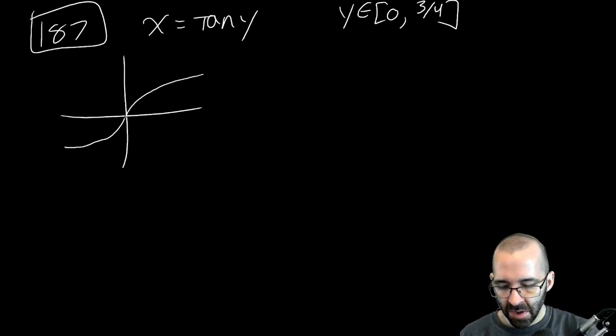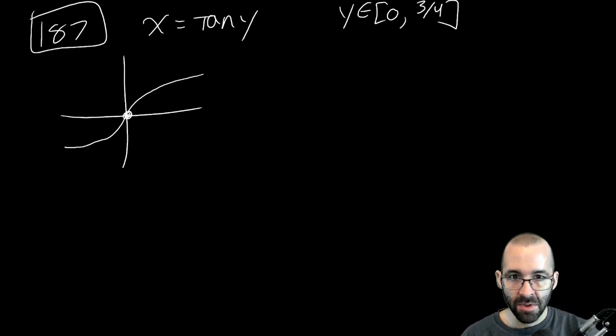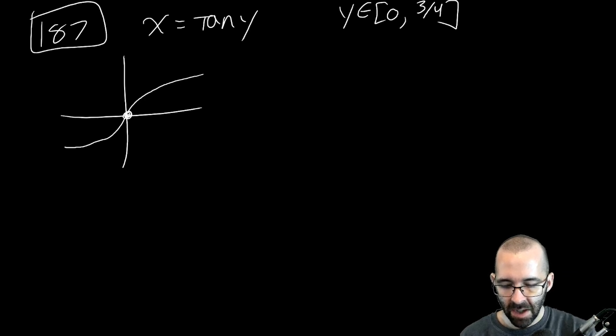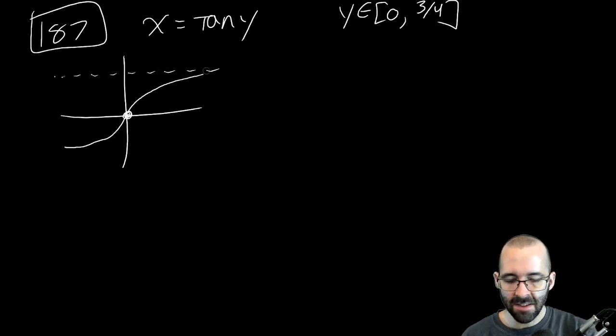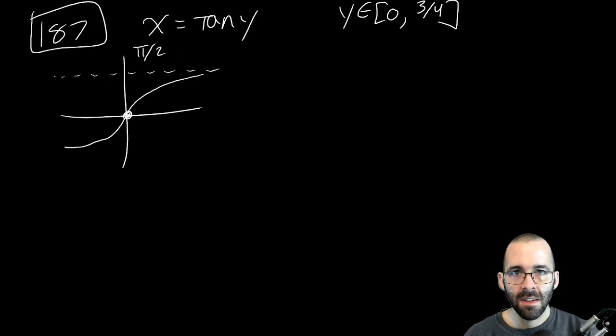Okay. Well, starting at y equals 0, we're going to y equals 3/4. Wait, let me make sure that there's no shenanigans. This asymptote is important, that pi over 2, because the tangent of pi over 2 is undefined. Is 3/4 less than pi over 2?